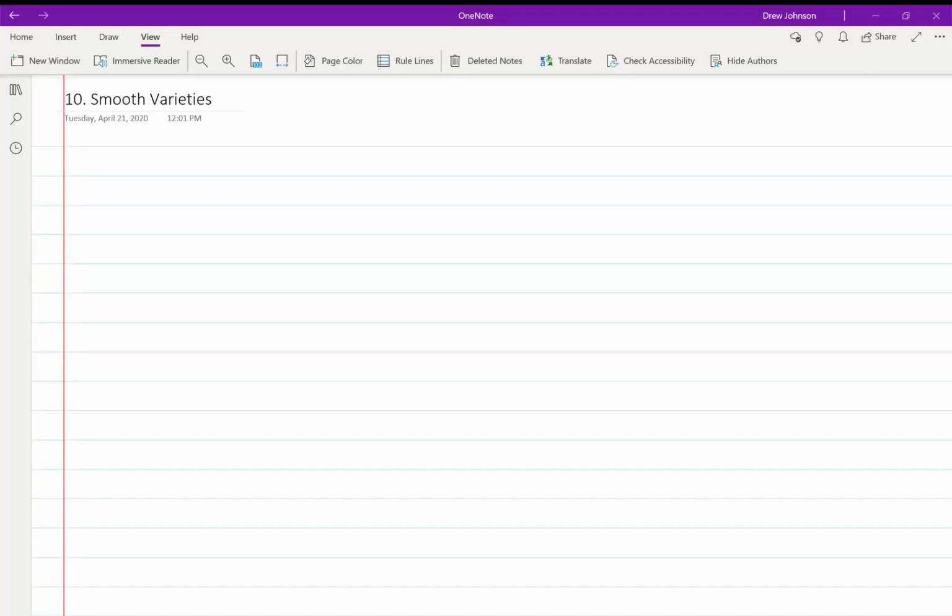All right, we are moving on to chapter 10 about smooth varieties. So first we need to recall something we talked about before, the tangent cone. So we are writing C_A(X) to mean the tangent cone to X at A. And how did we define this, or how did we compute it?